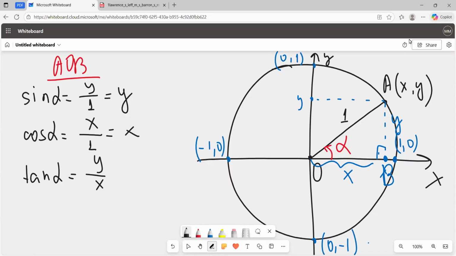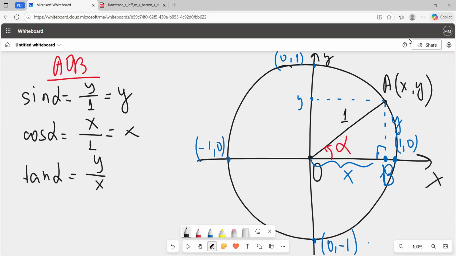And cosine is equal to x coordinate of this angle, and tangent is equal to ratio of y coordinate to x coordinate.